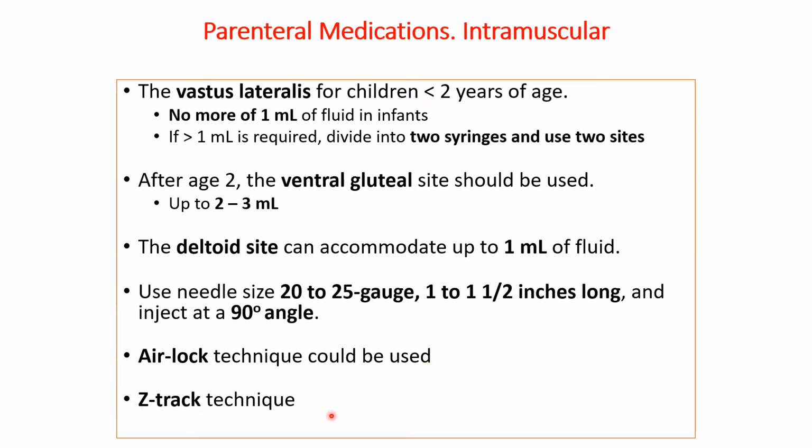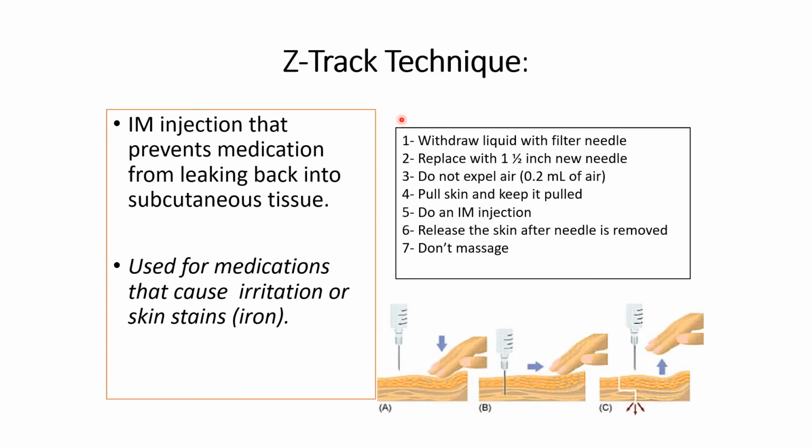The Z-track technique needs to be known by you and is used when the medication to be injected could stain the skin, like for example iron, or could produce irritation in the skin. The Z-track technique includes using a clean needle that is not stained with the liquid and keeping a bubble of air, 0.2 to 0.3 milliliters of air.